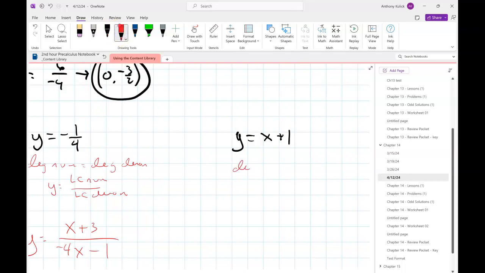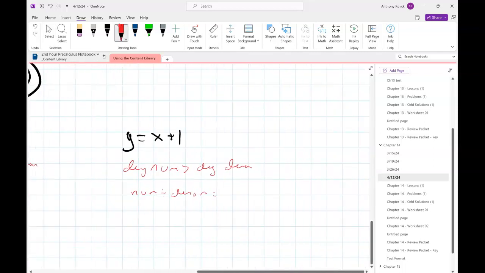Yeah, we should say, so what that tells me is that the numerator divided by the denominator should equal x plus 1 plus some r over the denominator.